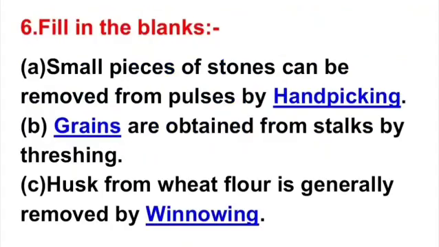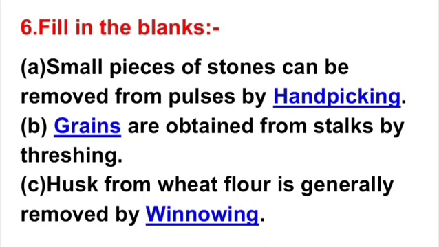Question number 6 is fill in the blanks. Small pieces of stones can be removed from pulses by, the answer is hand picking. Part B, dash are obtained from stalks by threshing.